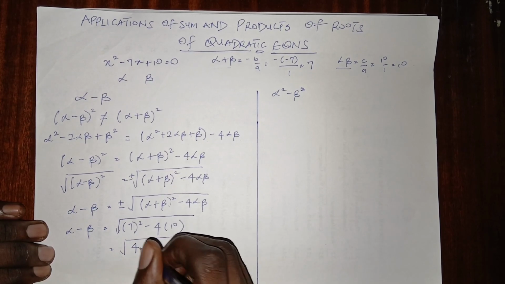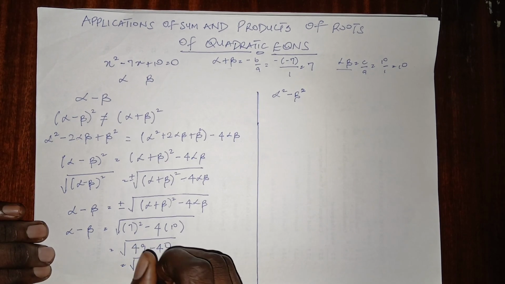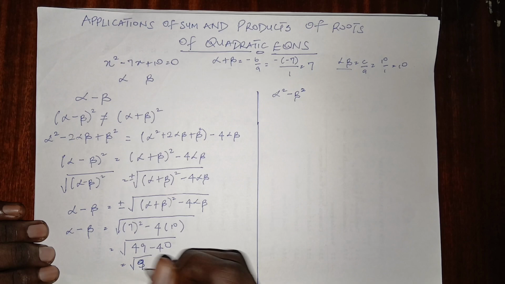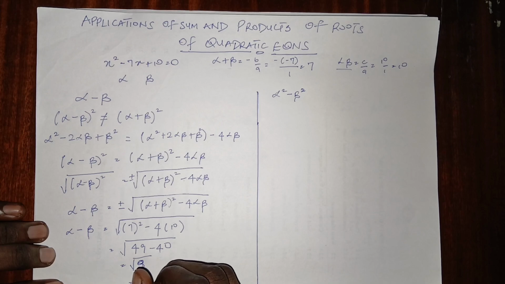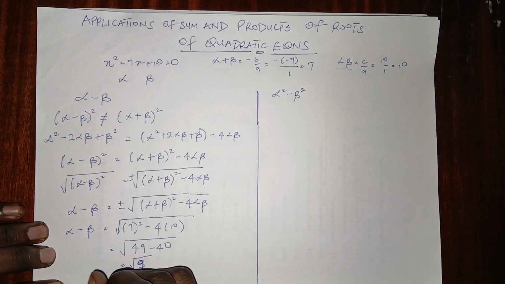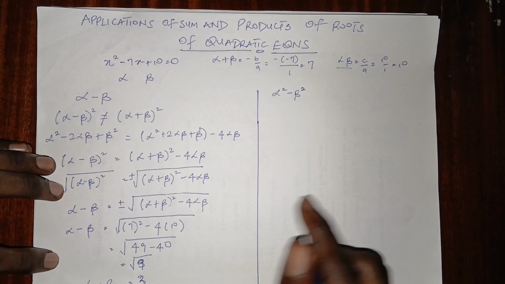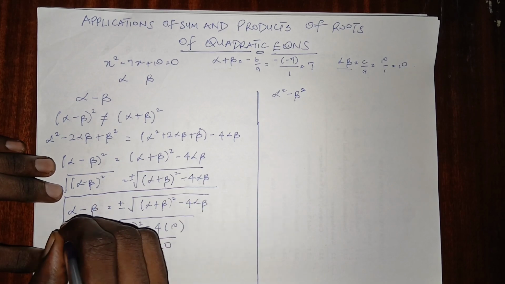Now 49 minus 40 is 9, and the square root is going to be 3. Sorry, I'm already jumping ahead of myself. So the answer is going to be 3 for alpha minus beta for this equation.